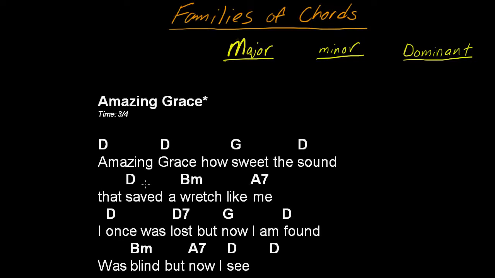And we go down, we got major here for D. Here's another dominant, D7, G major, D major, B minor, A7, dominant, D, D. So basically we have two minor chords, we have three dominant chords, and the rest are major.